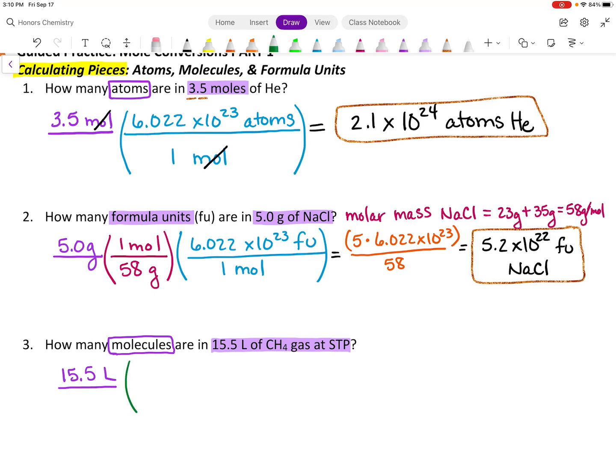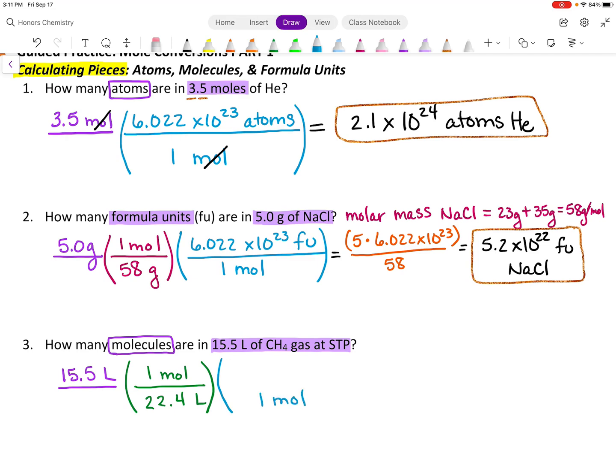We're going to do that 22.4 liters per mole of a gas at standard temperature and pressure. And then our final step, we need to get into Avogadro's number again, or use Avogadro's number.